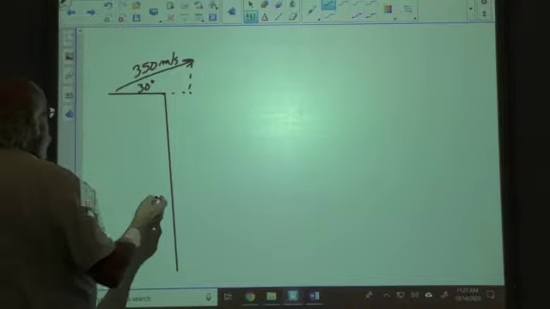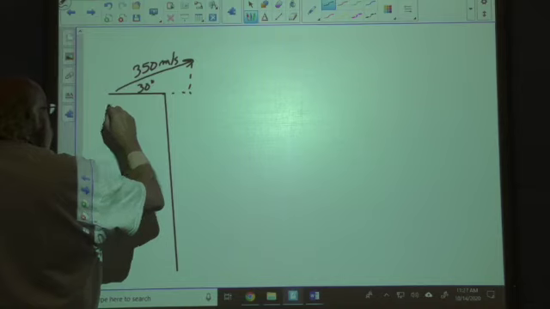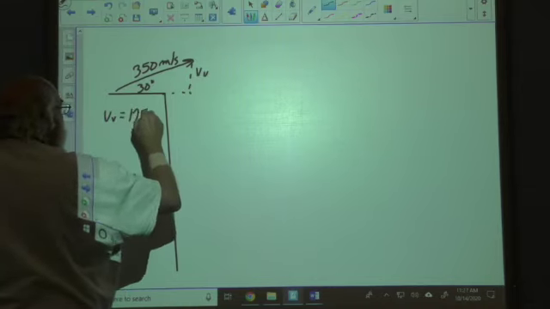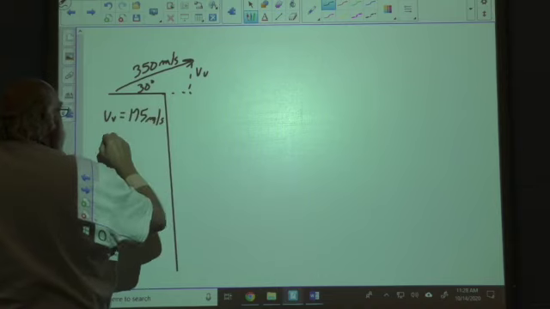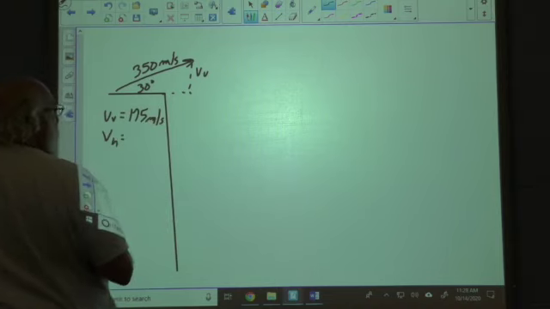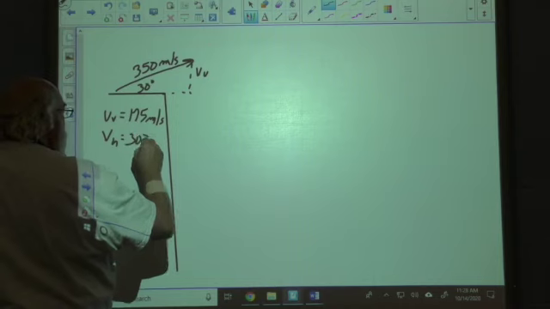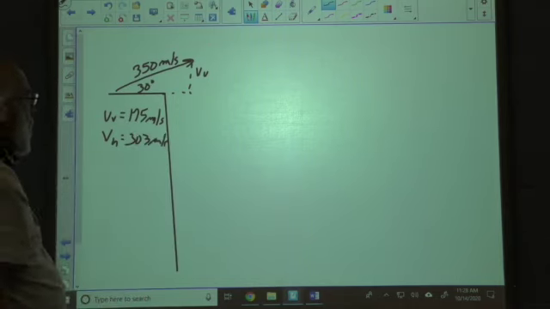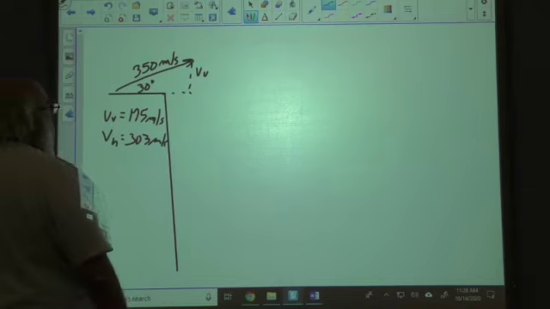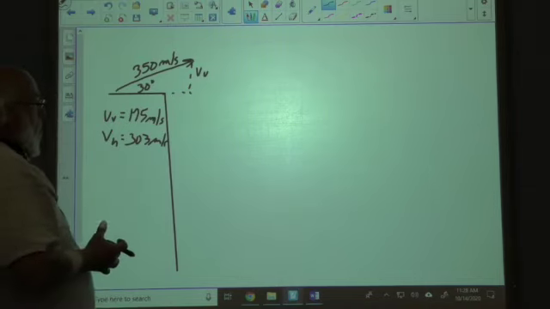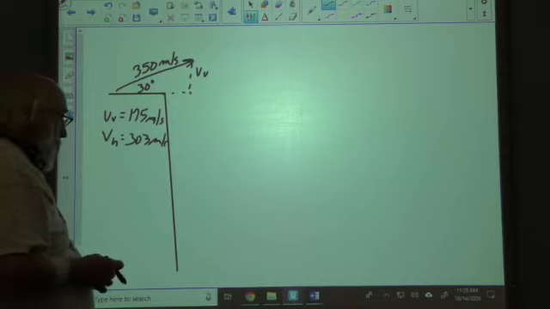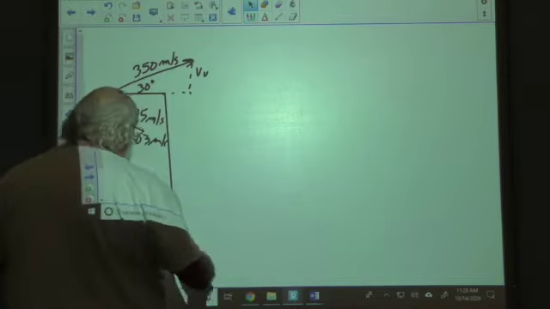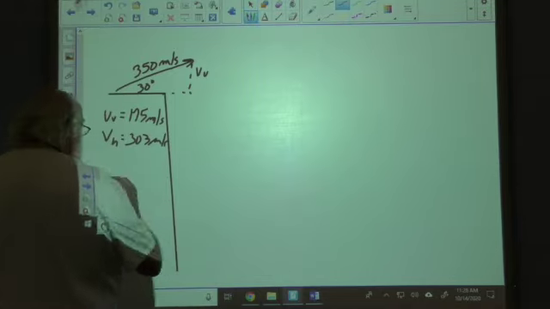To refresh your memory, we said that VV here was 175 meters per second. We said that VH is equal to 303 meters per second. So we're going to use those two values again. What is different this time is we're starting at a height of 50 meters.